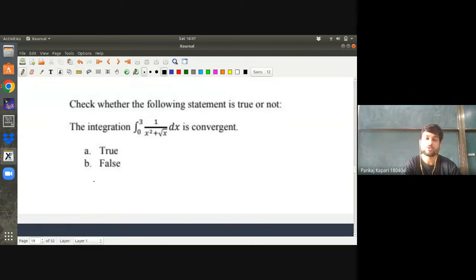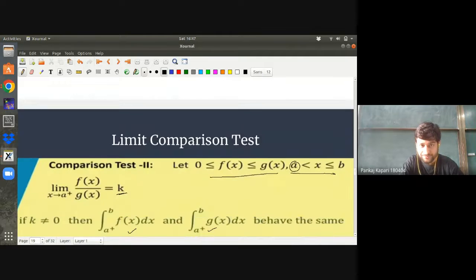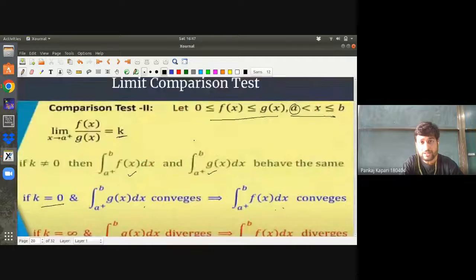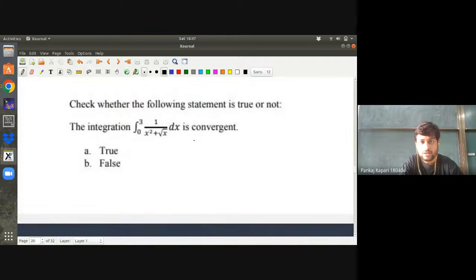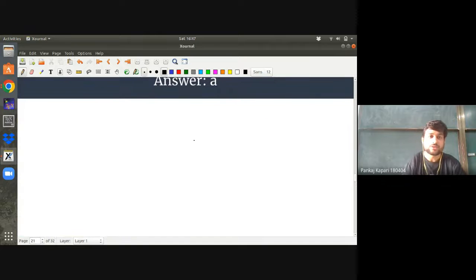Okay, what about question C? Does this integral converge or diverge? We'll again use the limit comparison test, which I have already discussed. In this case, what is f(x)?